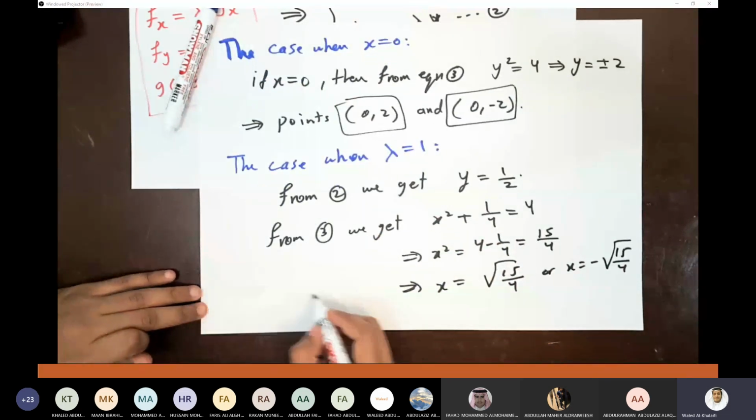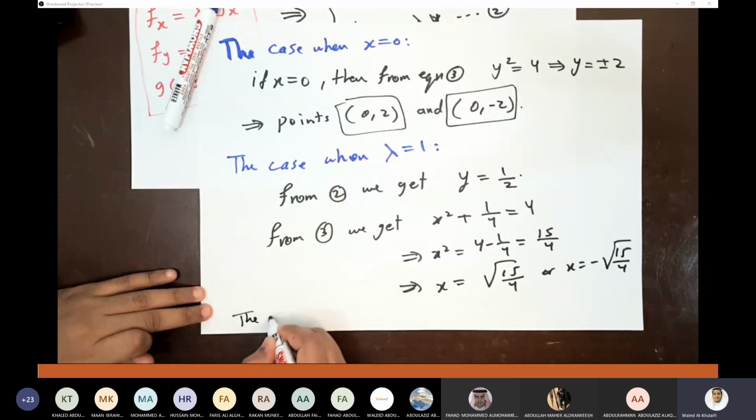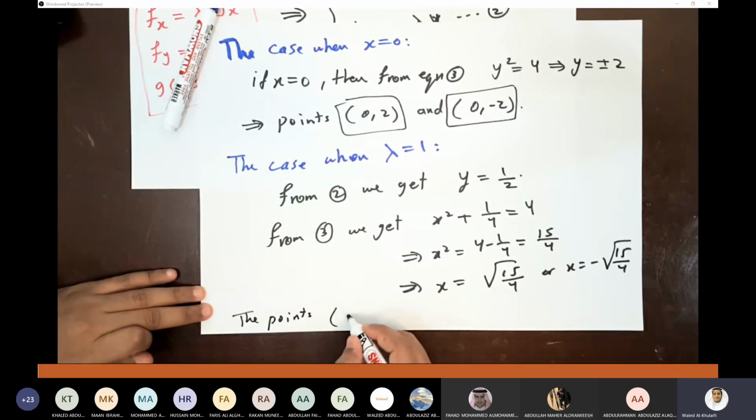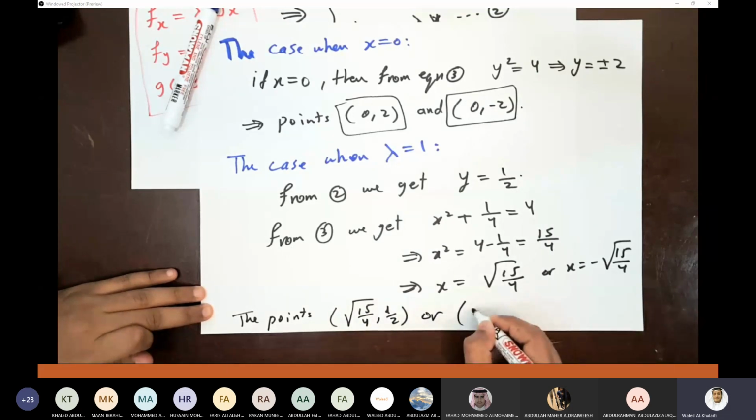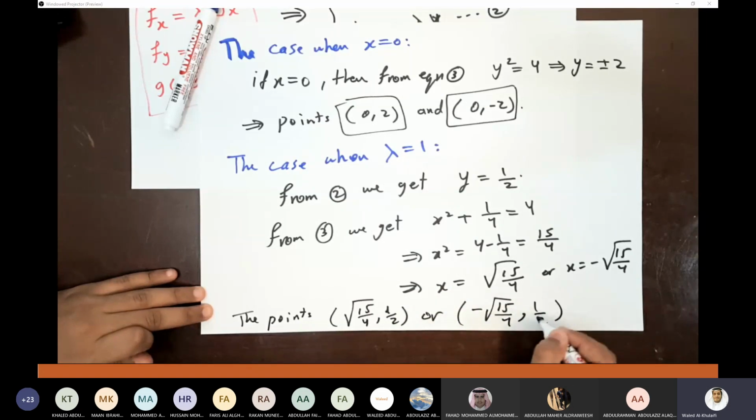So the point here is (square root of 15 over 4, half), or (minus the square root of 15 over 4, half).